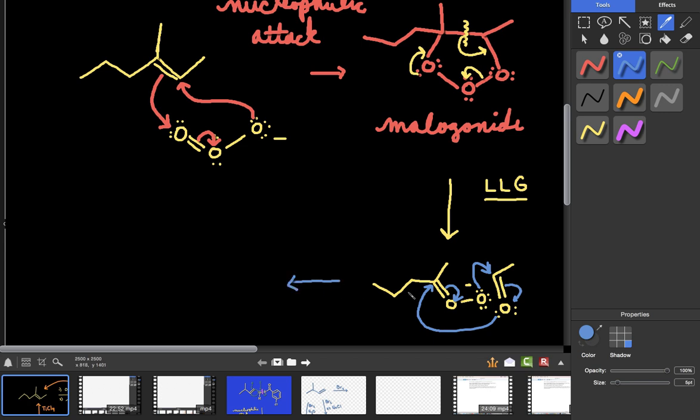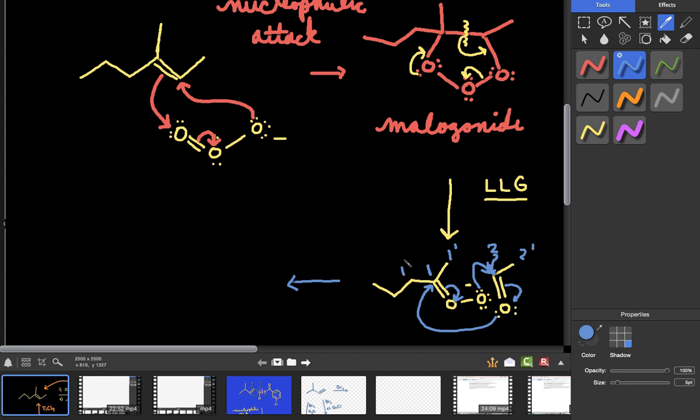So let's track this very carefully. What I want to do is number the carbons. I'm going to call this carbon 1. I'm going to call this 1 prime because it's attached to carbon 1. I'm going to call this carbon 2. I'm going to call this 2 prime because it's attached to carbon 2.